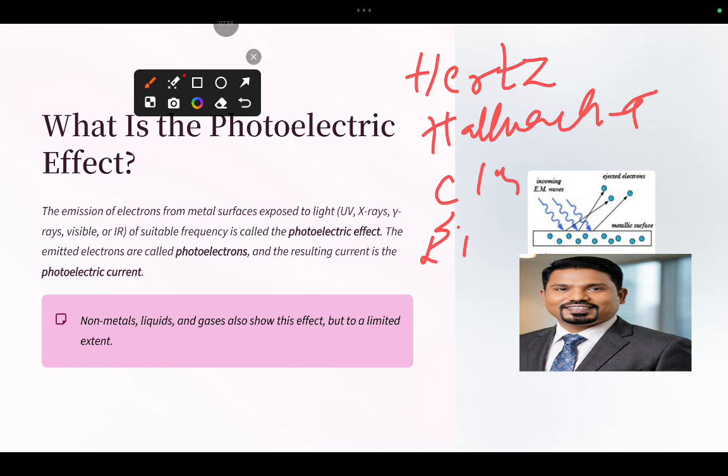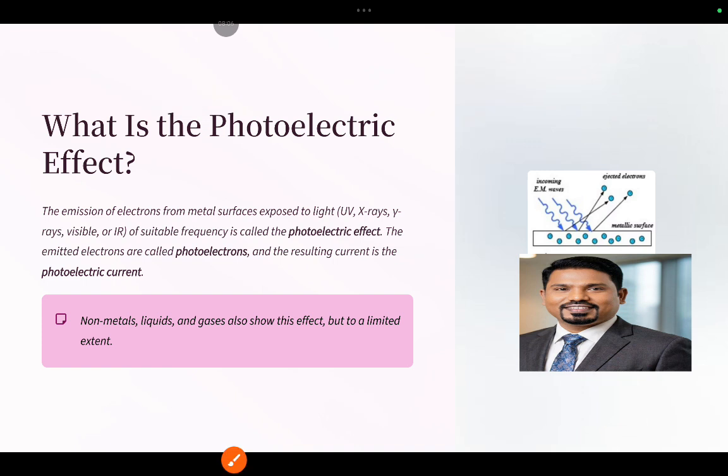Like that, many people were involved in producing the successful concept related to the photoelectric effect.